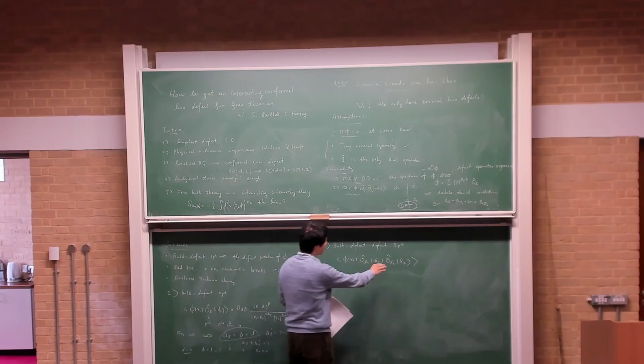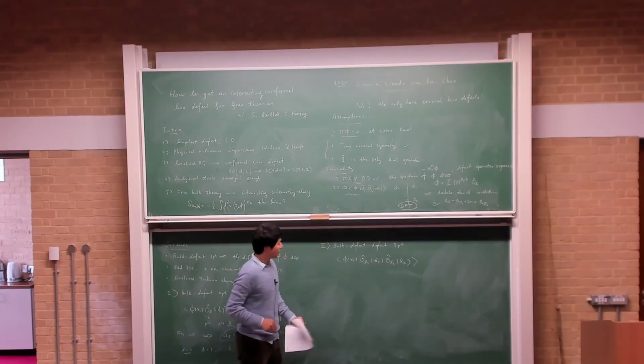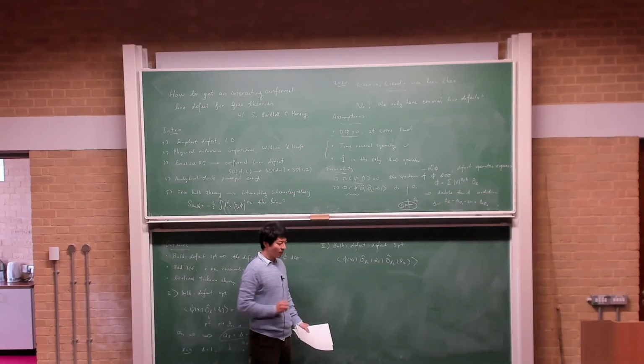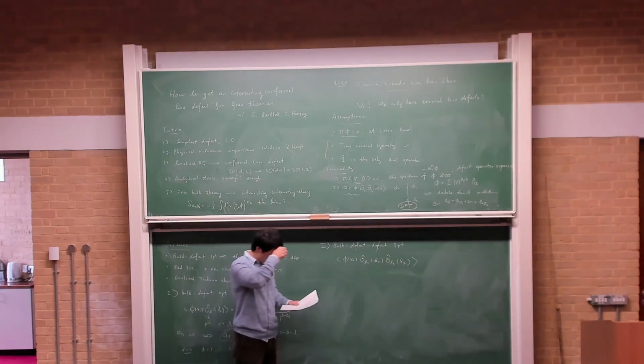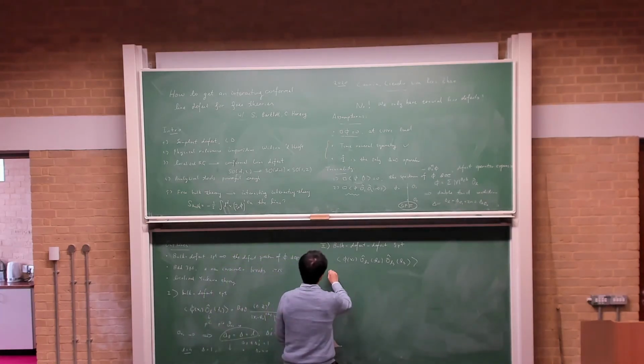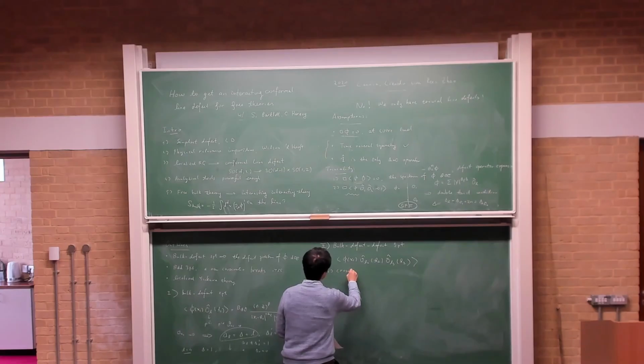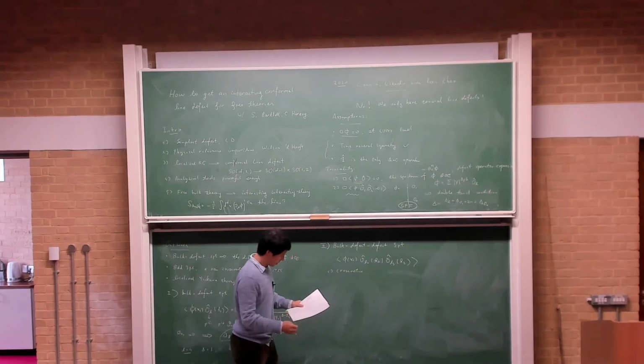And these conformal blocks for the bulk defect three-point function will depend on a cross ratio. Normally, we can pick this cross ratio to be like the distances over each other.